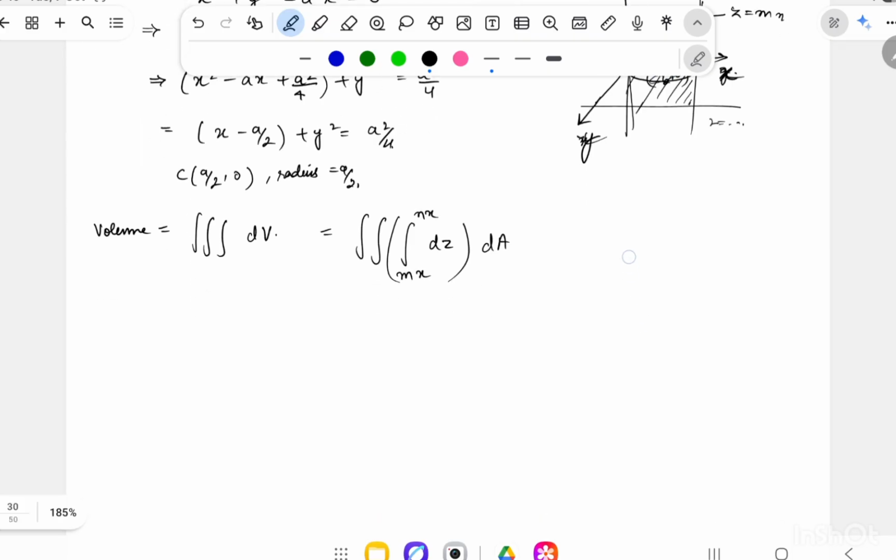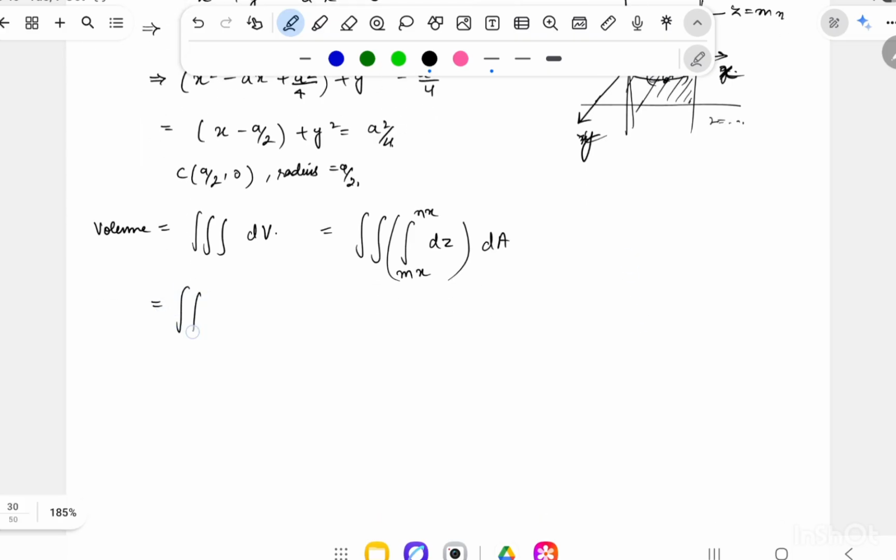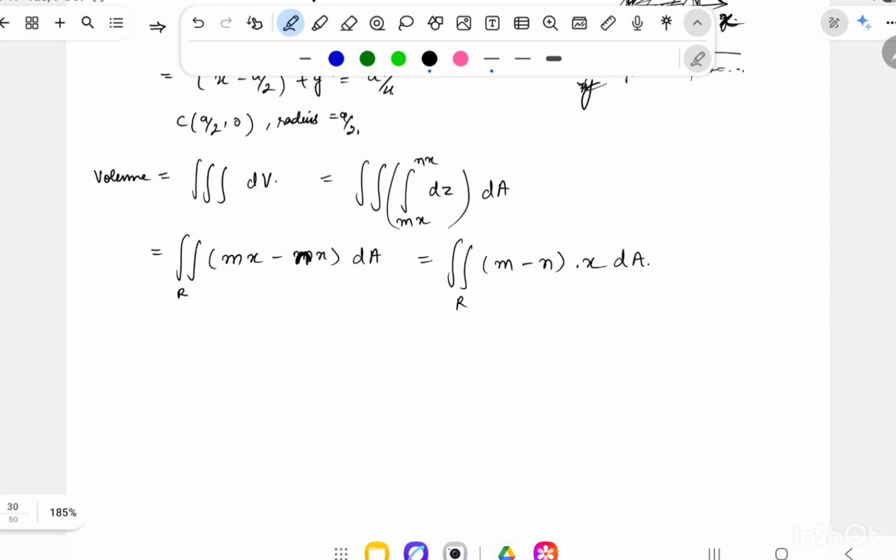So it will be equal to the double integration over the base region, call it R, of (nx minus mx) dA, which is equal to the double integration over R of (m minus n) times x dA. Now I can reduce it to polar coordinates in order to get a simplified form.